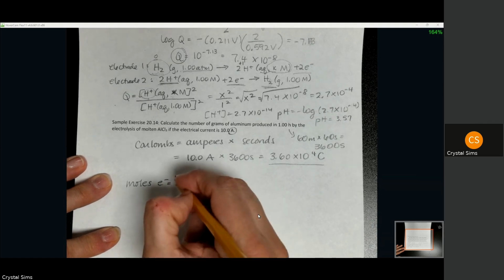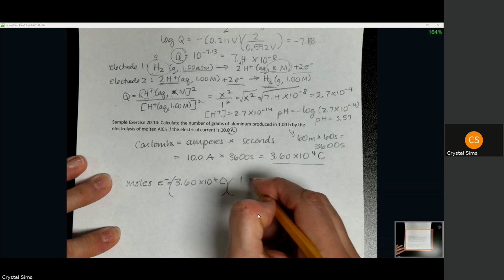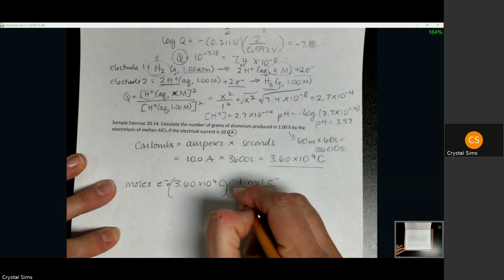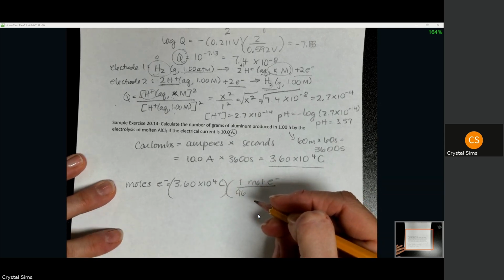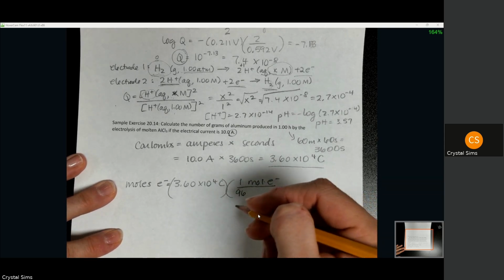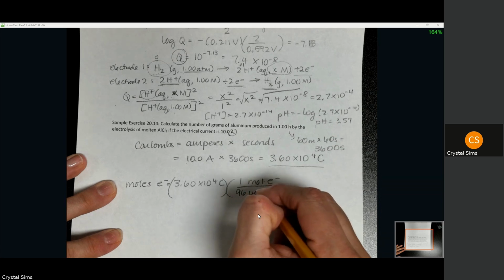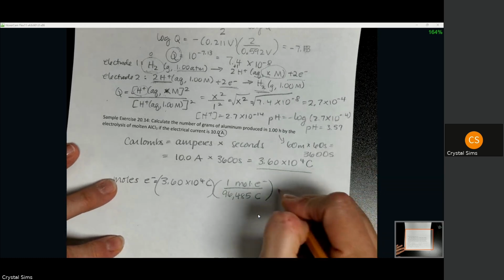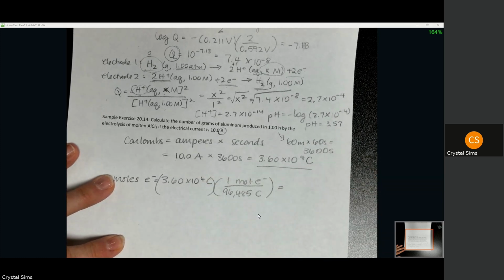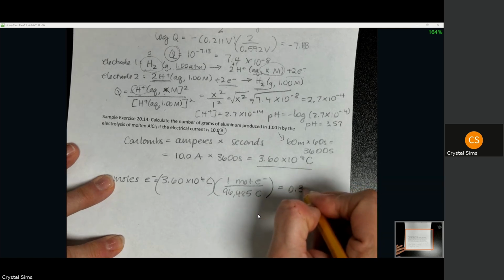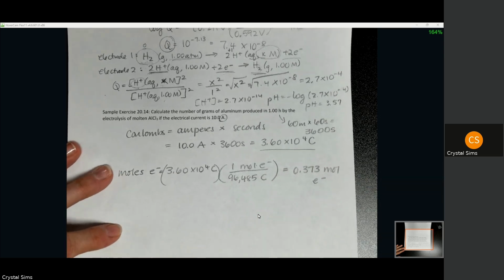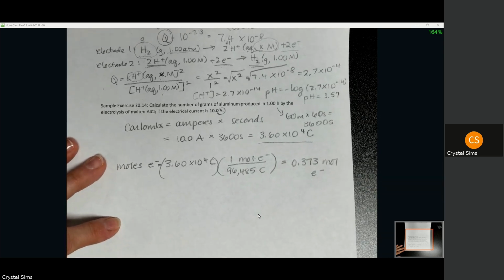And we're going to use our Faraday constant and say 1 mole of electrons has the charge of 96,485 C. So when we do the math there, 3.6 times 10 to the 4th divided by 96,485, we have 0.373 moles of electrons.